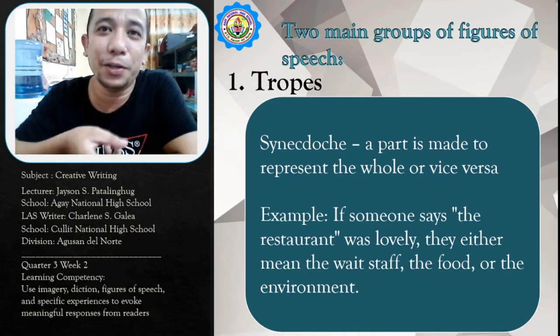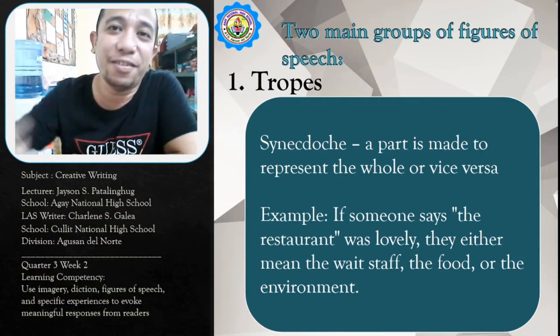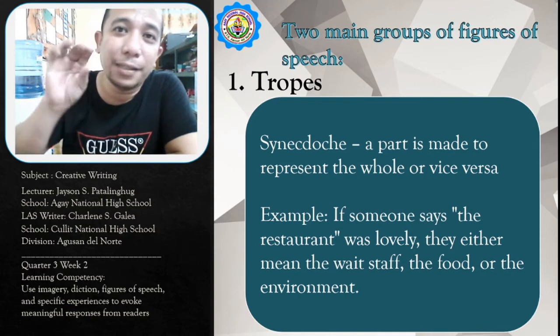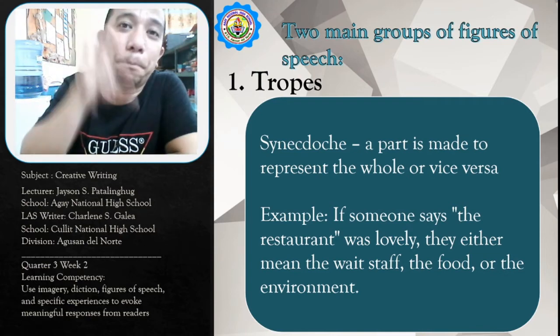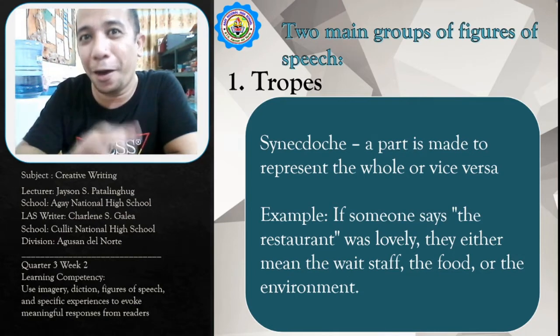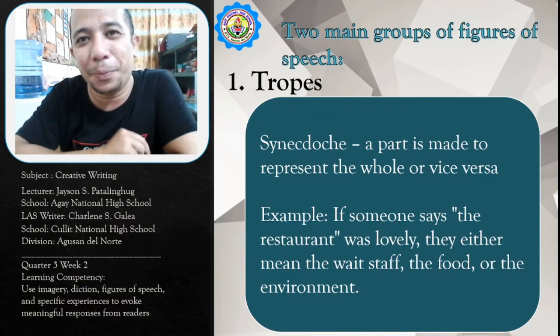Instead of saying per person, you say per head. Head actually means the whole body, but you're referring to the whole person as a head. So that's only a part that is representing a whole. I hope you understand that, but let's go to the example prepared in the book.